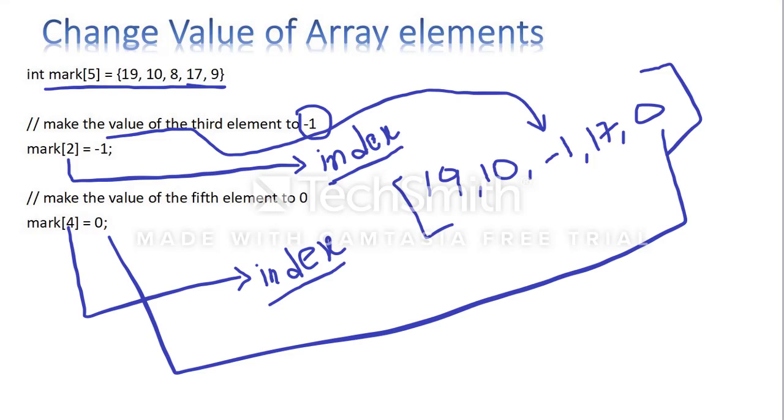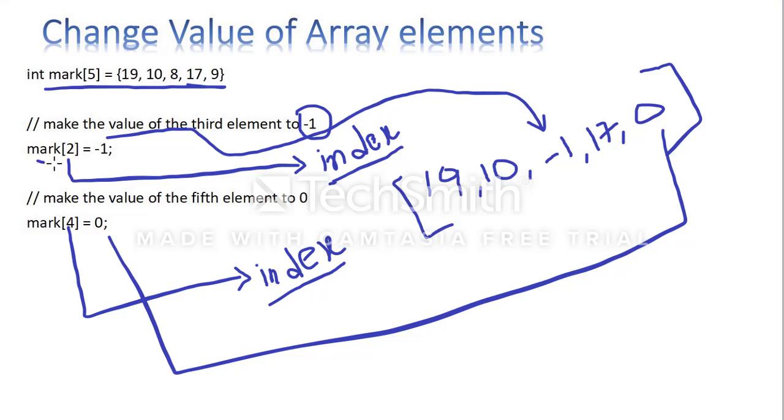Here, I want to change any value from those elements. If you want to change 19 to any number, you have to take the index value, using the array name and the index, like that.